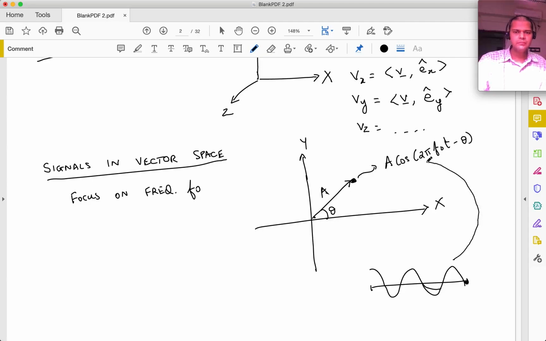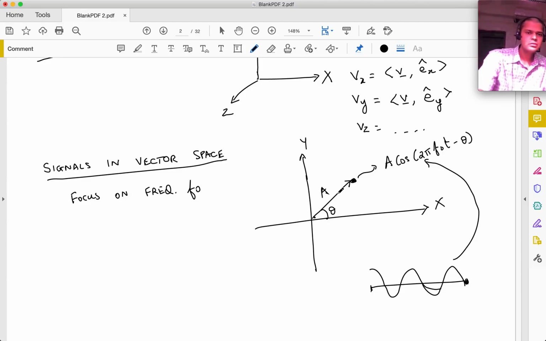And this signal I am mapping to a point in this particular vector space. So my transmitted signal can be represented as a point here, and hopefully even my received signal will be represented as a point over here, which is going to make it very simple for us to decode what bits were transmitted.